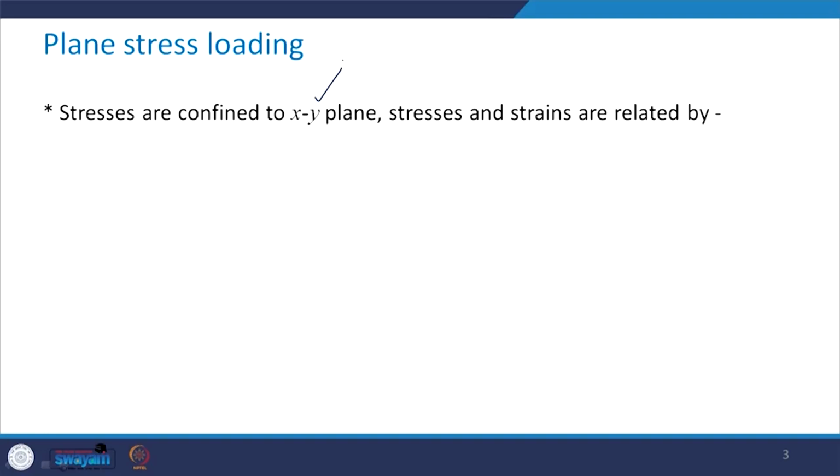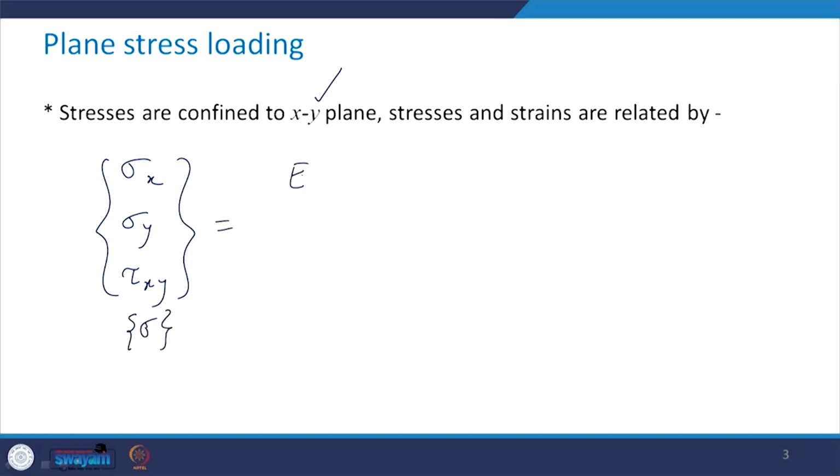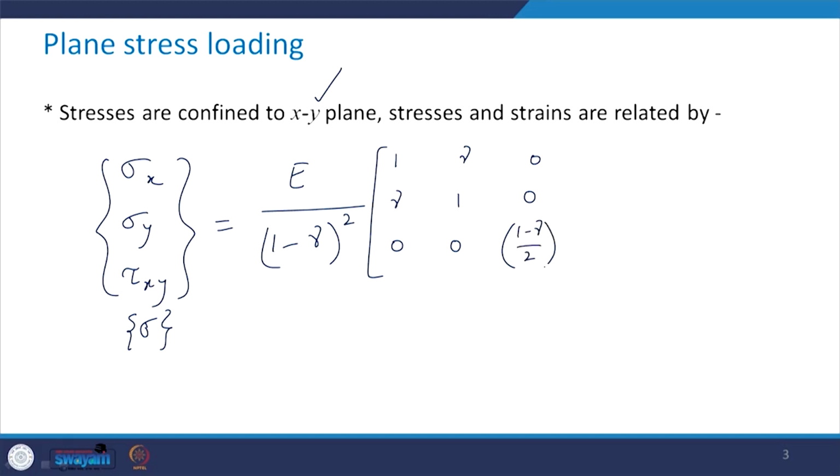So, you see that the stress vector sigma x, sigma y and tau xy, that is equal to E upon 1 minus nu whole square, matrix 1 nu 0, nu 1 0, 0 0 and 1 minus nu upon 2.